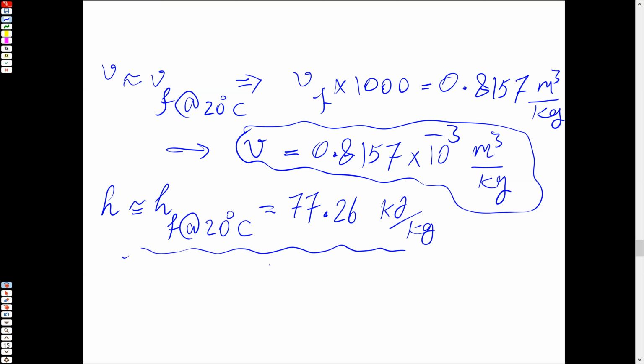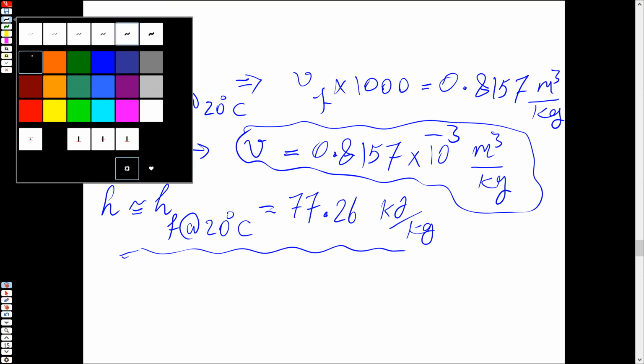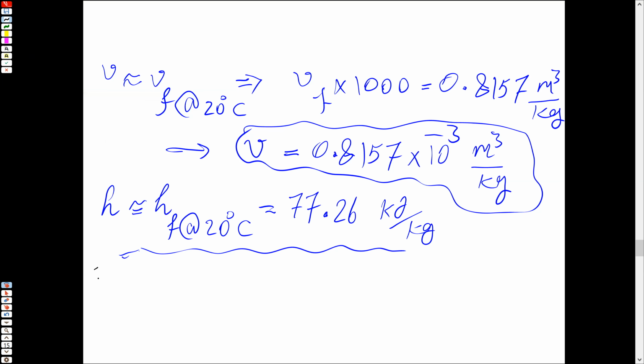Now I want to also evaluate the enthalpy using the second correlation, just to double check if there is any considerable change in the evaluation of the enthalpy. Let me choose another color so we can see it. This is my second estimate for enthalpy.